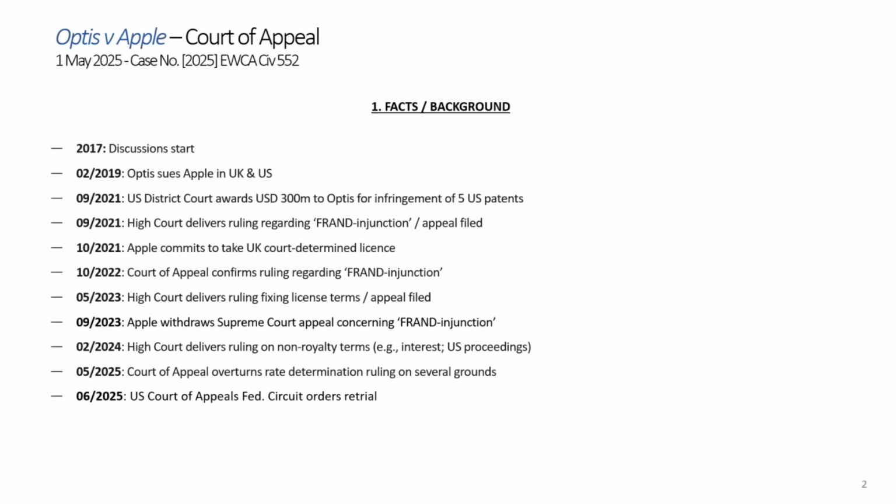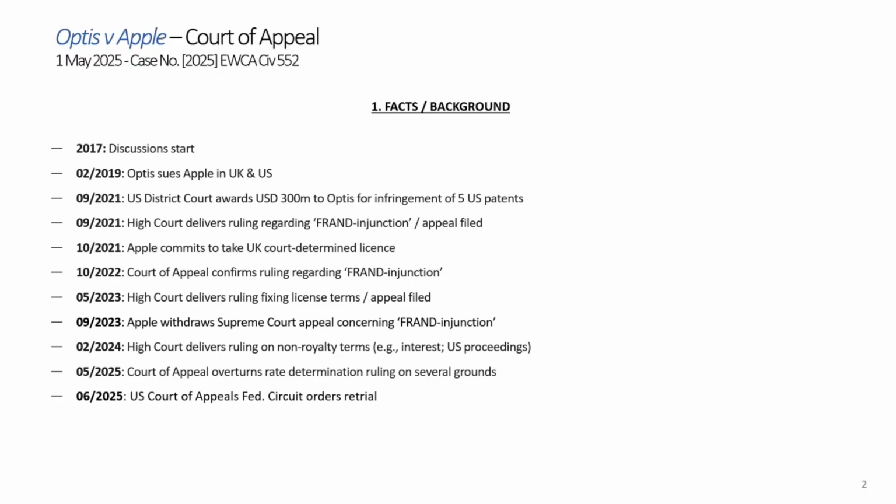Interestingly, the first final decision, or the decision that at least concluded the proceedings in first instance, was delivered in the US. In September 2021, the US court awarded Optis $300 million for the infringement of 5 US patents. At that time, the UK court had not made its FRAND determination yet. The proceedings there were in the phase where the court still discussed whether an injunction should be granted or not.